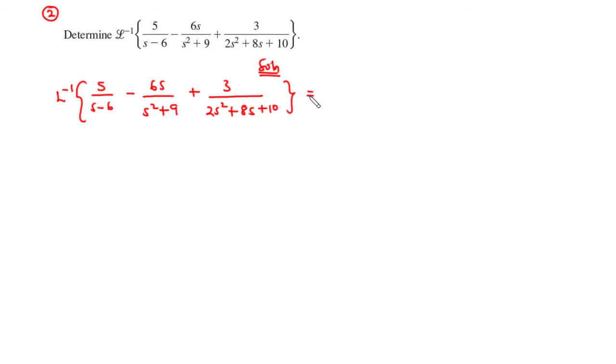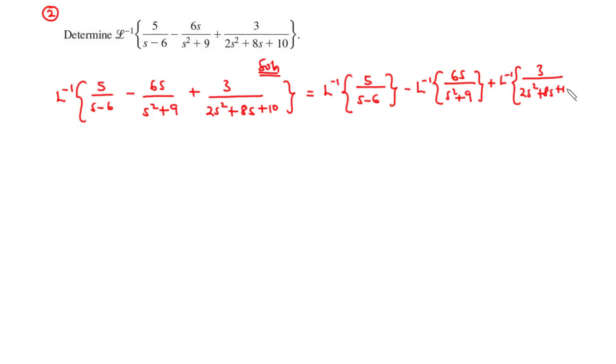Now using the linearity property of the inverse Laplace transform, we can split this whole function into 3 separate functions. So we can have the inverse Laplace transform of 5 over s minus 6 minus the inverse Laplace transform of 6s over s squared plus 9 plus the inverse Laplace transform of 3 divided by 2s squared plus 8s plus 10.